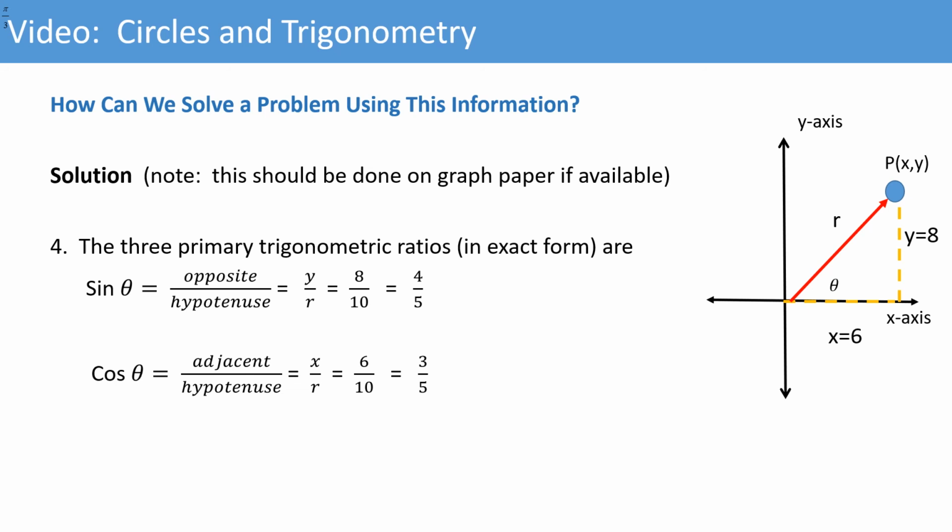Cos theta is adjacent over hypotenuse, which is x over r, which is 6 over 10, which is then 3 over 5. Tan theta is opposite over adjacent, which is y over x, which is 8 over 6, and breaks down, in lowest terms, to 4 over 3.